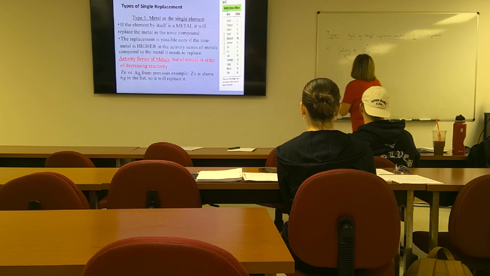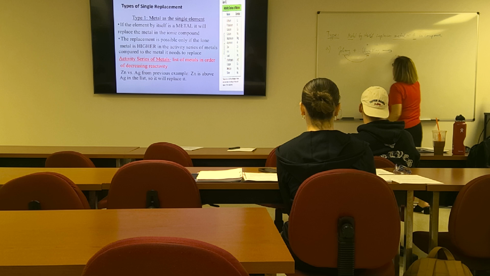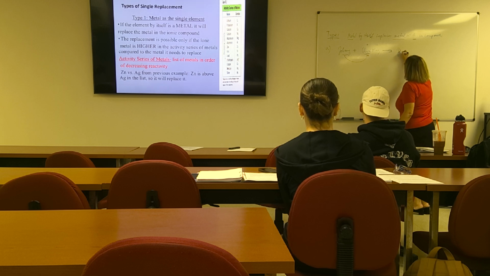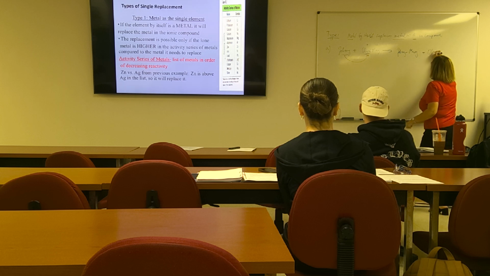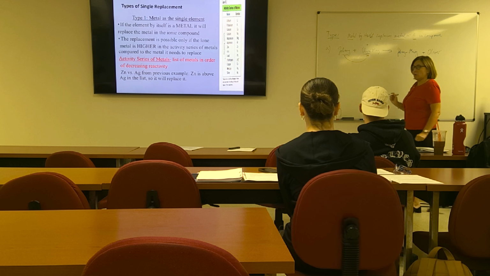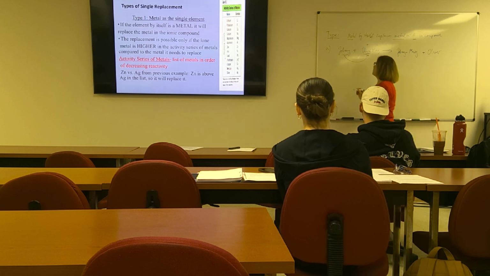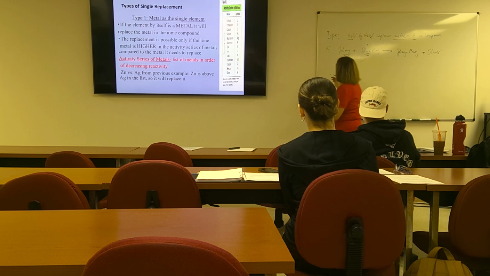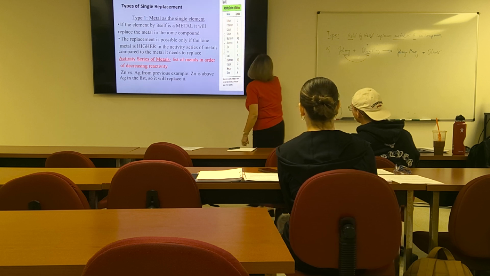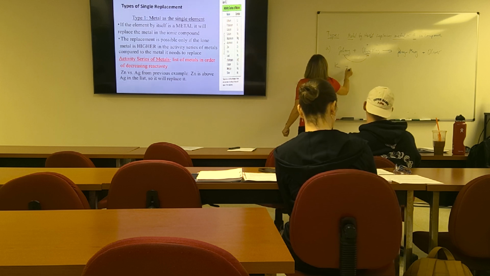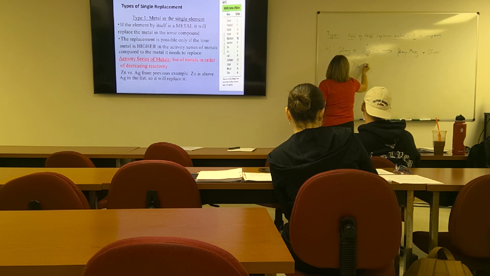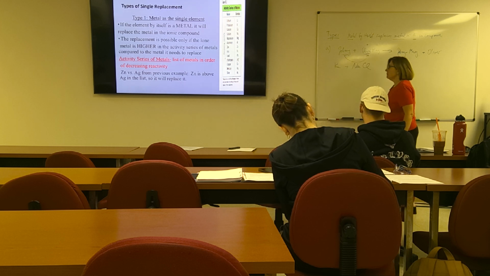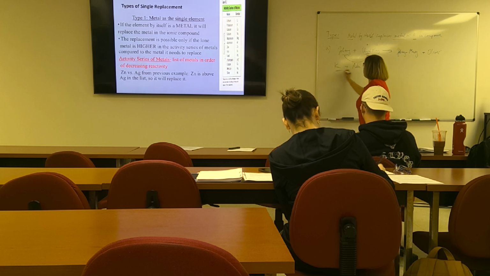So let's assume that Johnny is stronger than Oliver, so Johnny and Mary are going to keep on dancing together, and Oliver is going to be kicked to the curb. In this case, let's say that Johnny is potassium, Oliver is sodium, and Mary is chloride.